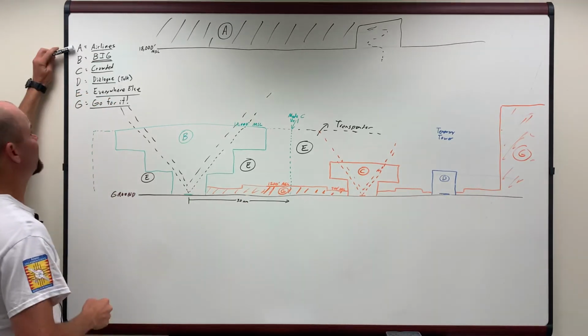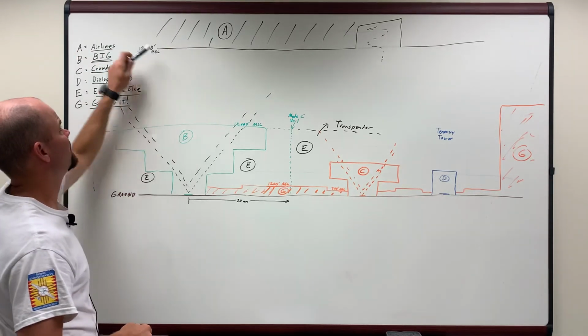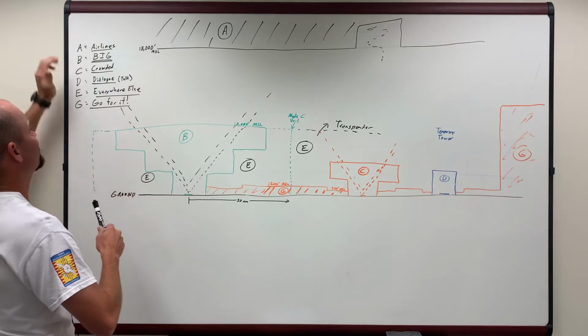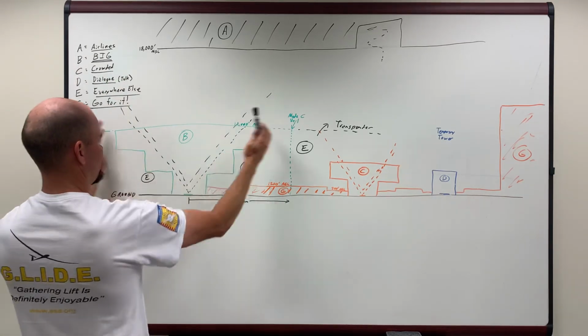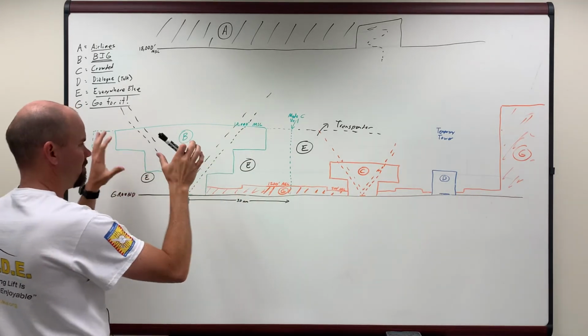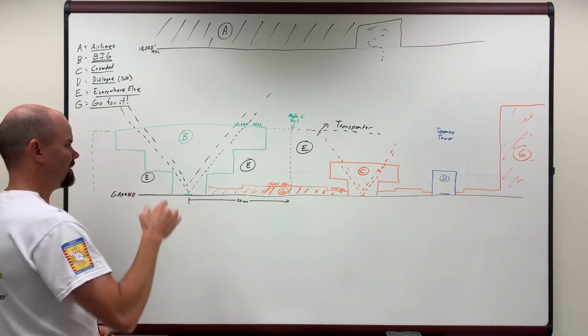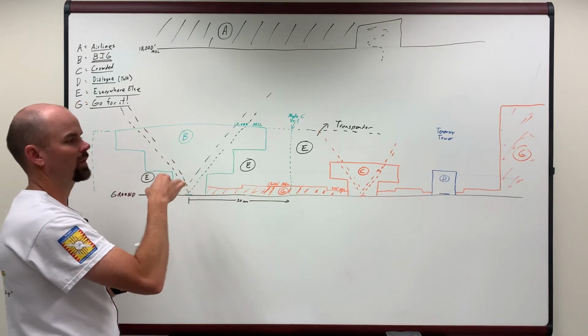So, class Alpha airspace. Think airlines. It's above 18,000 feet MSL. Class Bravo airspace is this big 2-tiered upside down wedding cake. Think big airports. That's DFW, LAX, like Los Angeles, Dallas, Fort Worth.